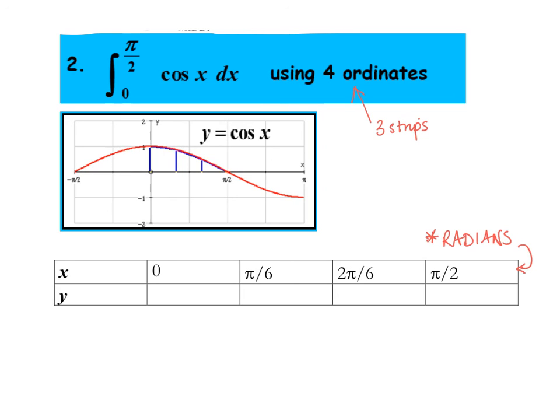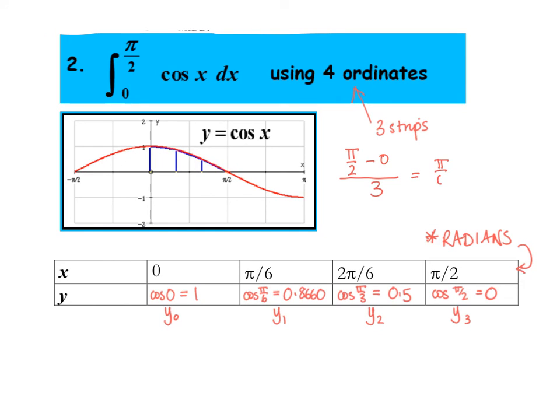So we fill in the values of these, using the cos of x. As you can see from the diagram, we've got 3 strips and we're going from 0 to pi by 2, and we divide that by 3, so each one is at pi by 6.